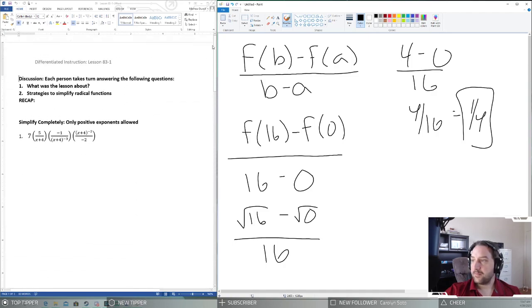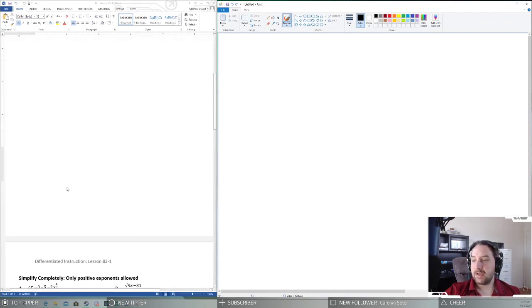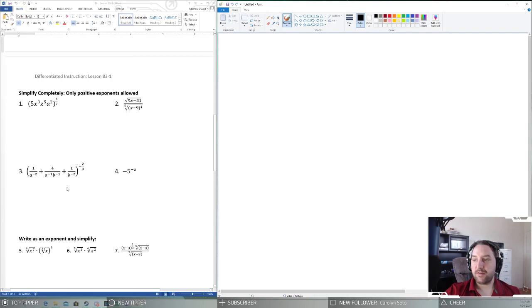Now we're on 8-3-1. And in 8-3-1, we're taking a look at how we simplify more complicated exponential expressions. The weird thing about this entire topic is it's not as visual in our brain.